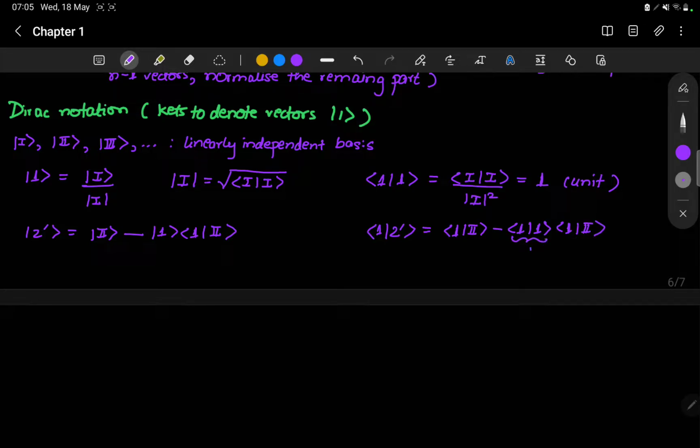So this is nothing but 1. So this is the same thing as this. So we indeed get 0. That means this new vector that we have formed is orthogonal.